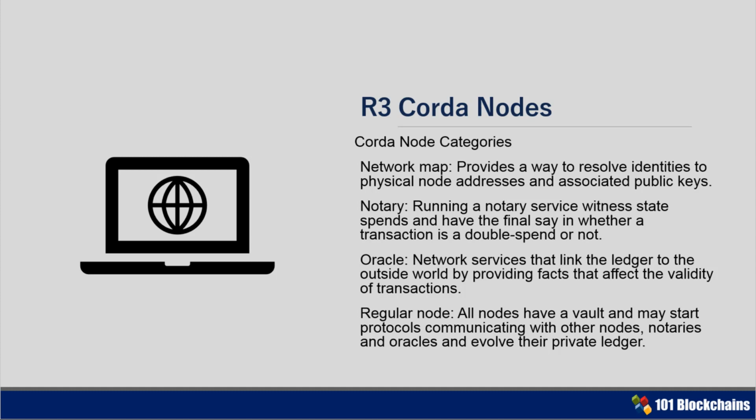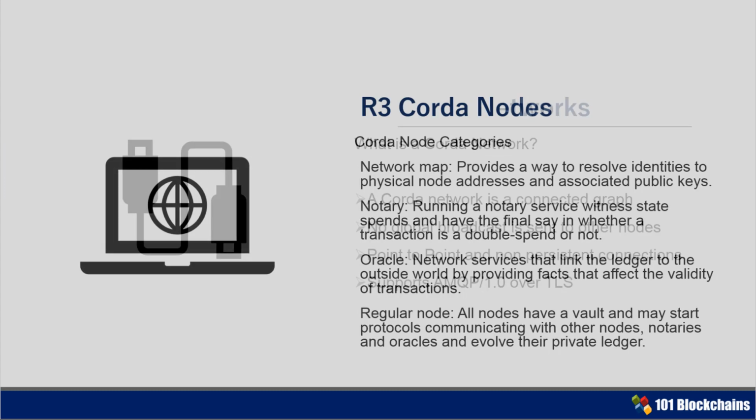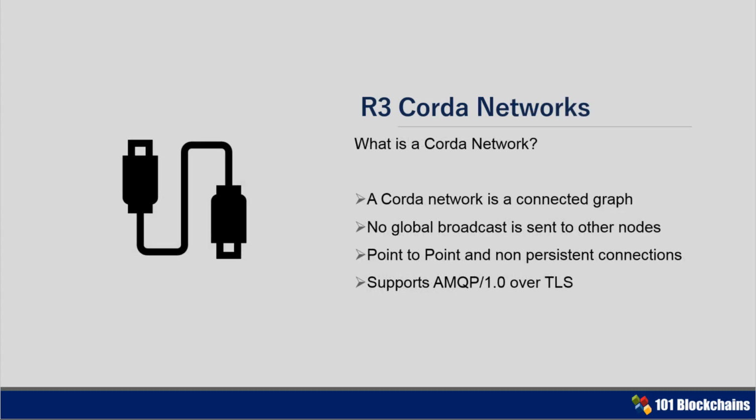Basically, again, we can take the node and integrate it into our network in whatever manner is appropriate. And very simply, we already know that a node is nothing more than a JVM, a runtime environment. It's going to run on our network and is going to have what? Very specific services. Now, when it comes to Corda networks, we need to be aware that the Corda network is really similar to a graph.